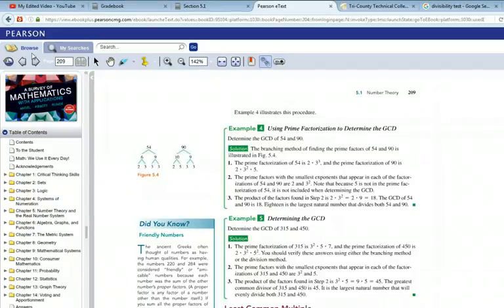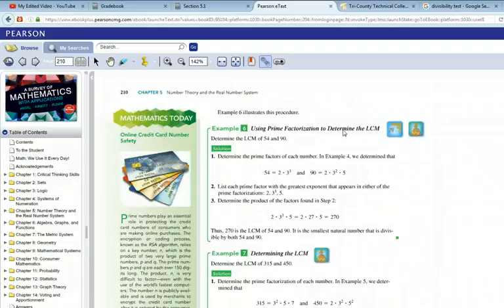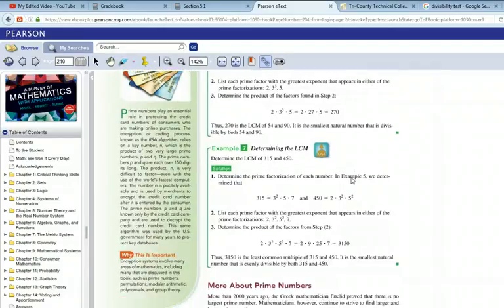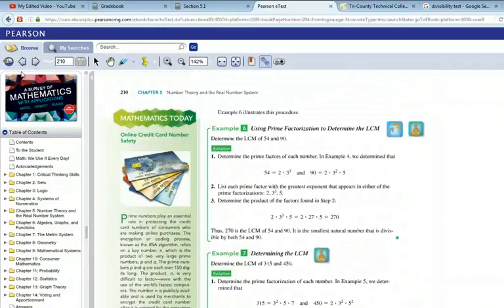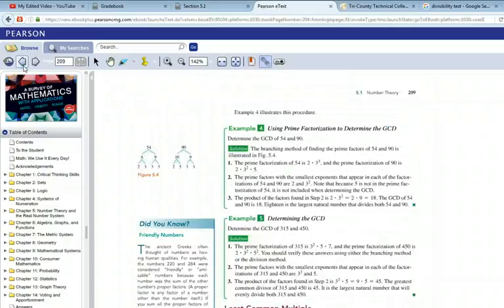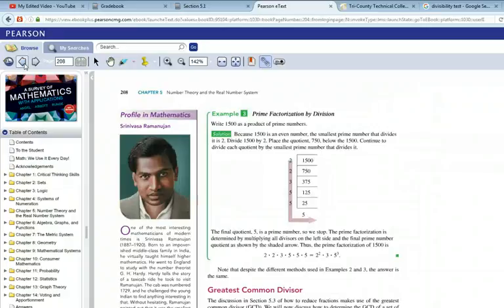Why can't they speak in English? But that's what the least common multiple is. I was right on my slide. And the greatest common divisor is the largest that divides into that set. So that'll be a small number.